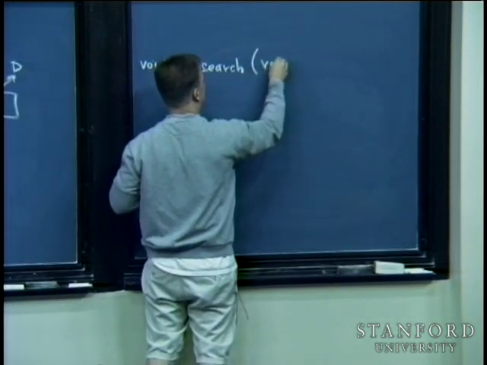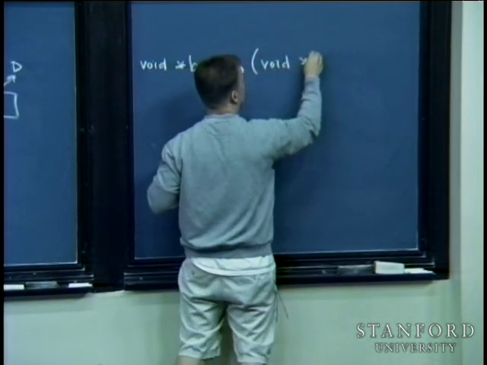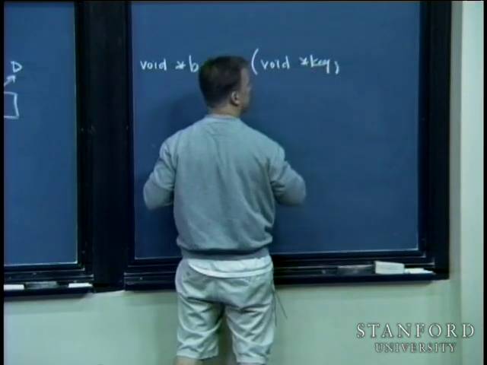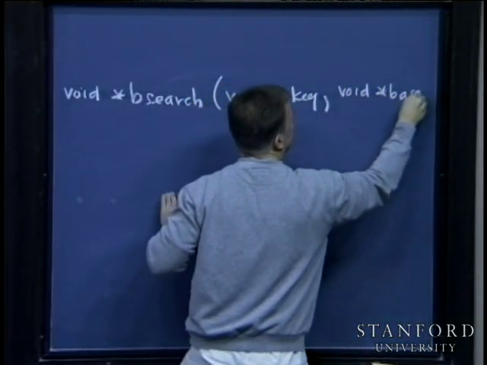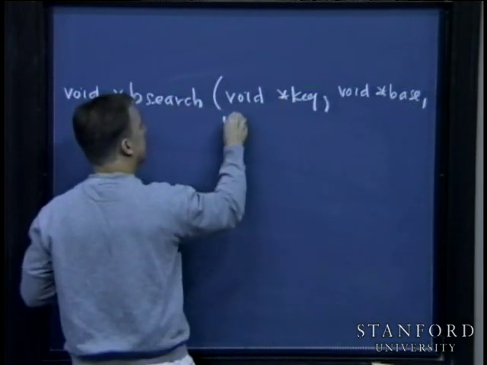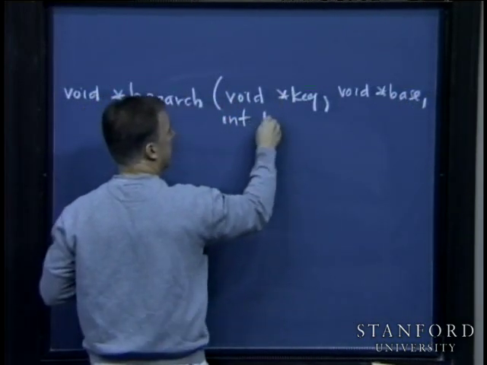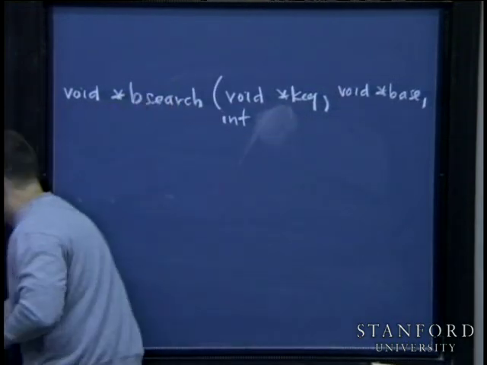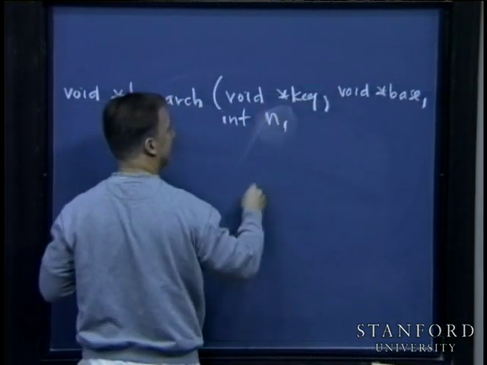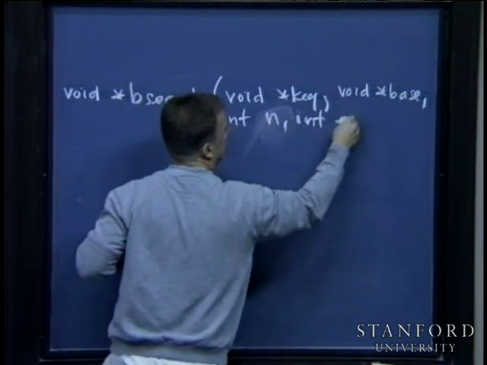It takes a void star called key. It takes a void star called base. It takes an int. I think it's called len for length. I actually like n better though. n always means size of an array. Int elem size.